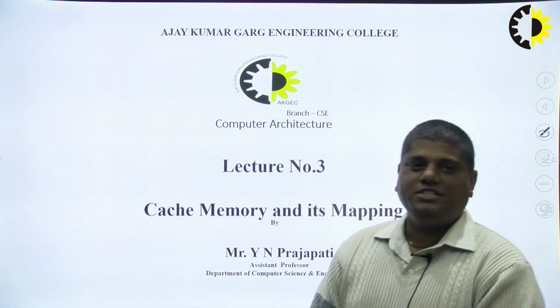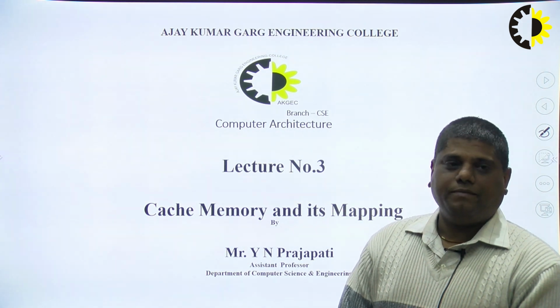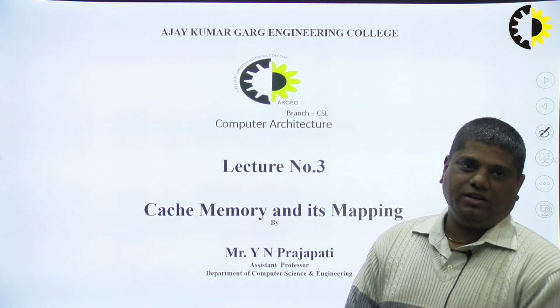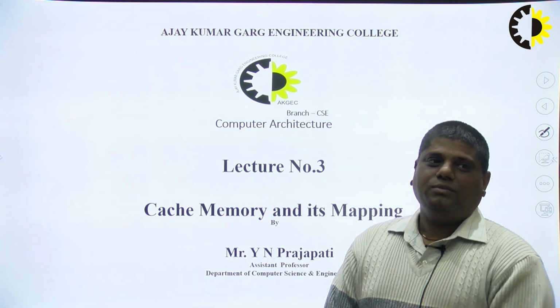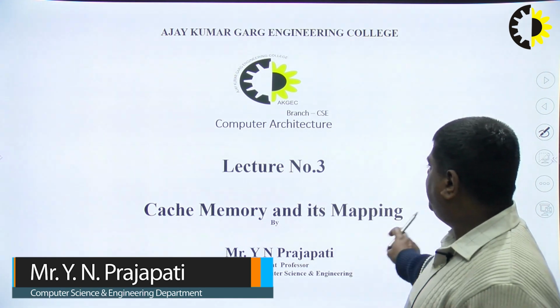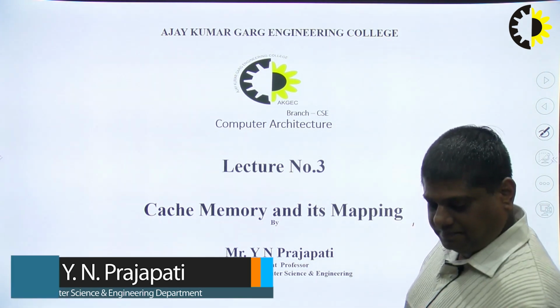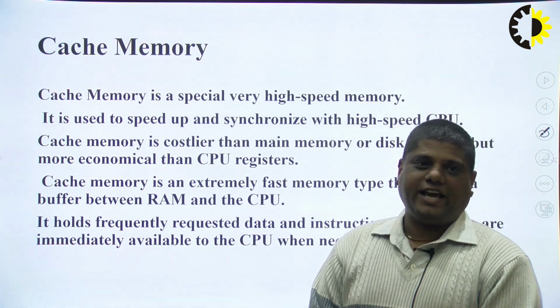Today I am going to teach the most important topic of computer architecture, that is known as memory. In this memory section, another most important point is the cache memory and its mapping. First I explain what is cache mapping.